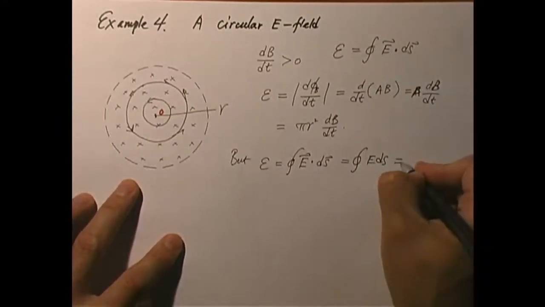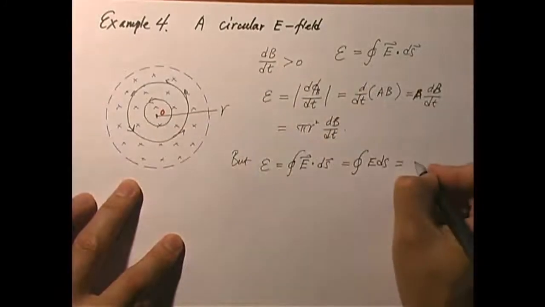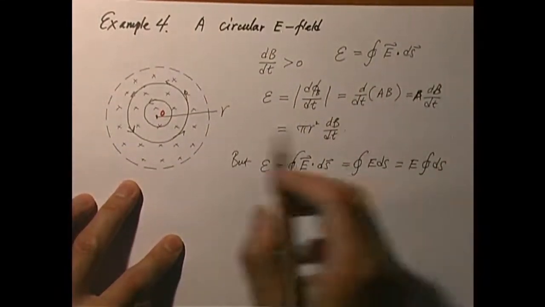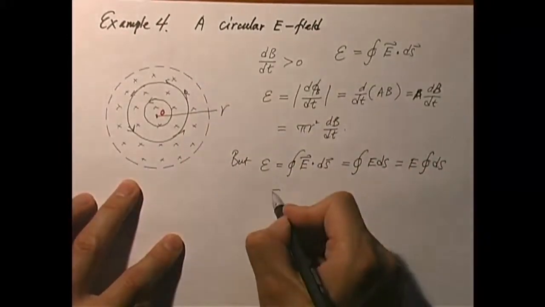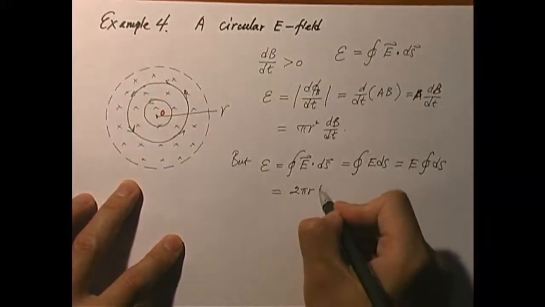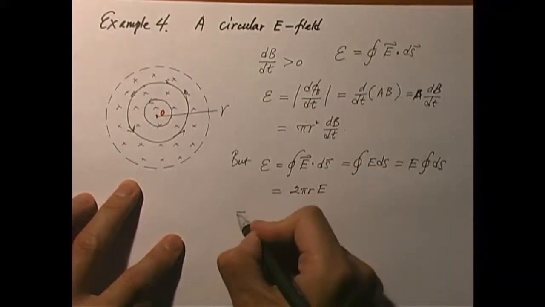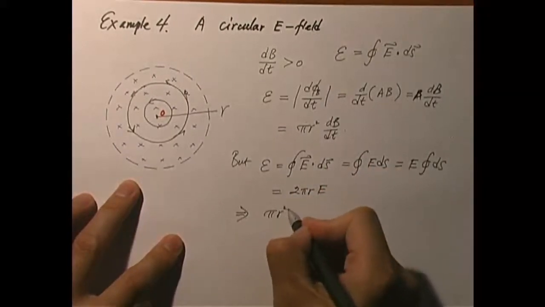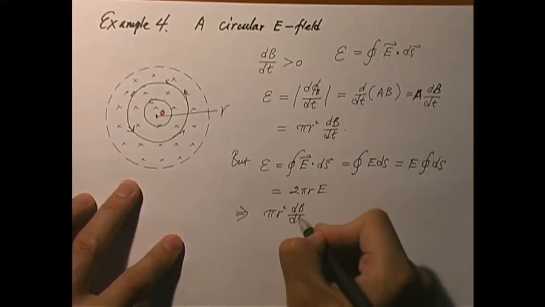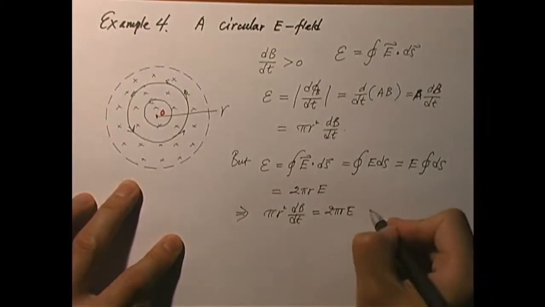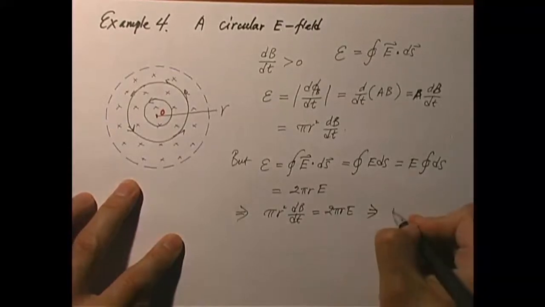Secondly, E has the same magnitude everywhere on the circle, so I'm going to take that E out. What's left is just the integral of ds. That's the circumference of the loop, which is 2 pi r. So it's 2 pi r times E. Equate these two: pi r squared dB/dt equals 2 pi r E. Solve for E.